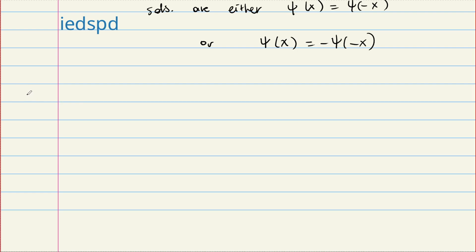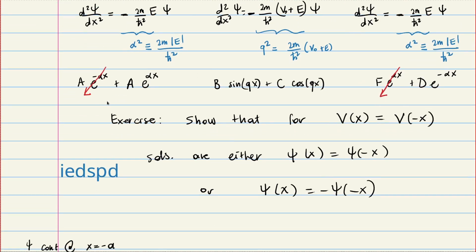So let's think about psi continuous at x equals minus a, and you can see it's very easy to implement. A times e to the minus alpha a is equal to, okay, since this is the condition, I'm going to consider the solutions b times sine qx and c times cosine qx differently, because one is even, the other one is odd. So this is even, this is odd.